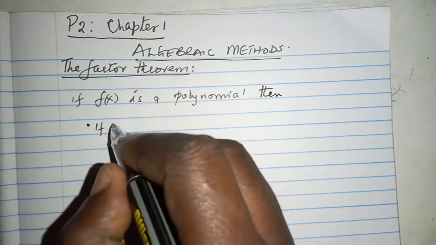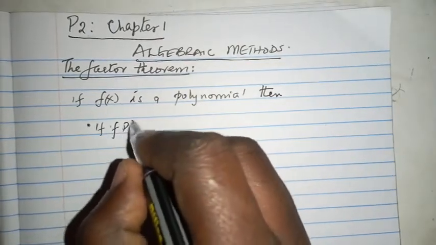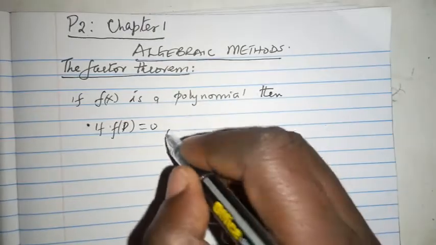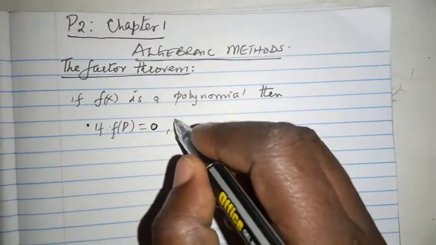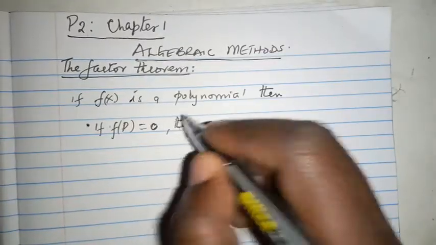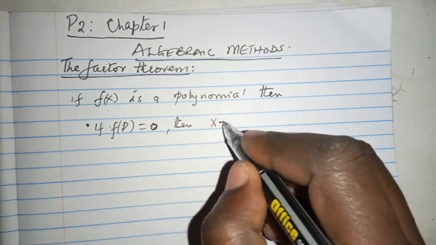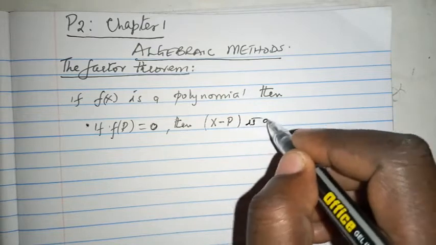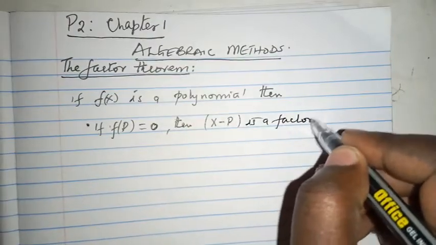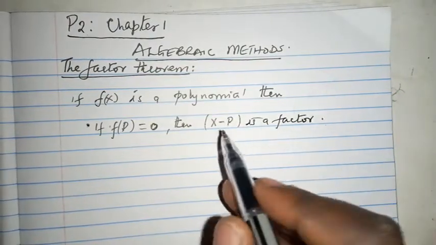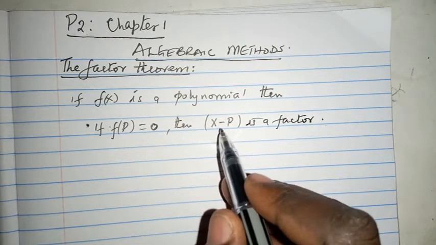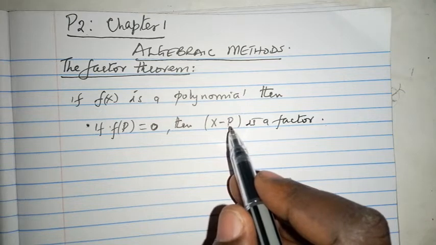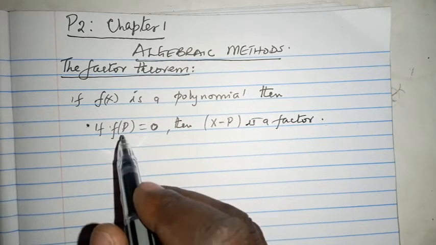If f(p) is equal to 0, then x minus p is a factor. We are going to elaborate this further. If x minus p is a divisor, then f(p) is equal to 0.